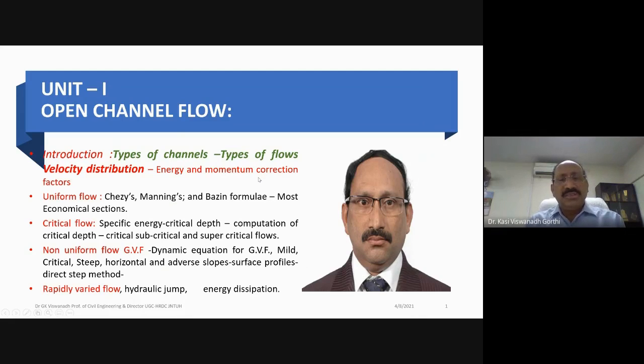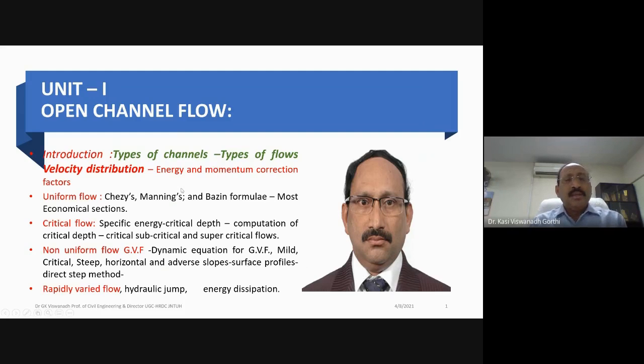As far as the UG syllabus is concerned, I suppose these three would be more than enough. And we have derived the expressions for hydraulic radius and hydraulic depth for these different types of channels.